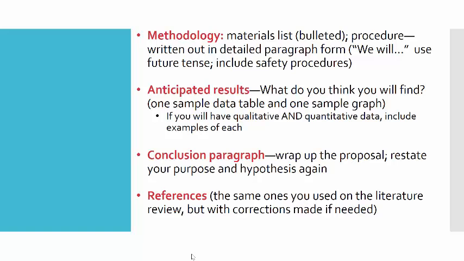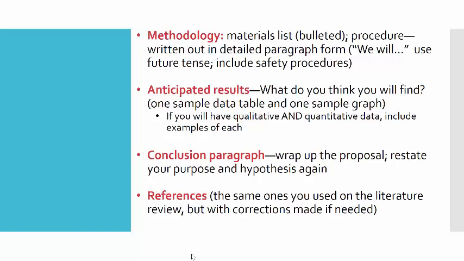You won't have anything there, so don't make up any data, don't make up any numbers, just for argument's sake. You leave them blank. If you're going to have qualitative and quantitative data, then include an example data table for both of those areas and a sample graph for both of those areas.